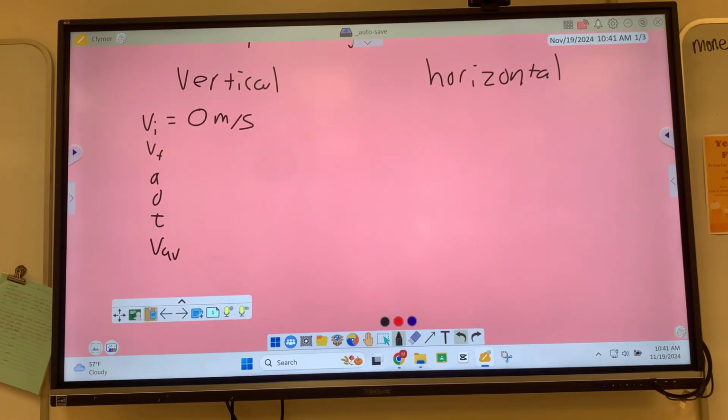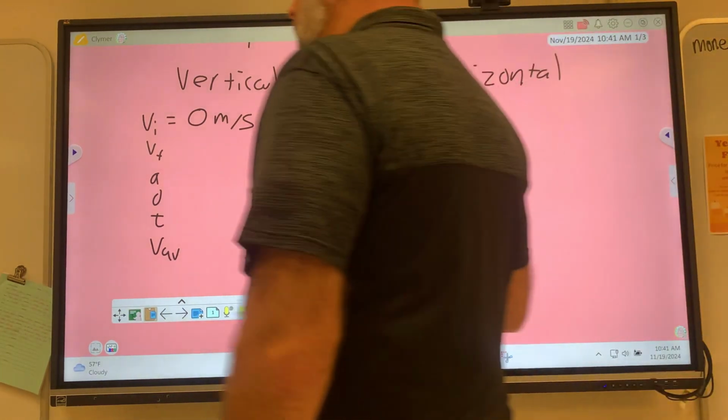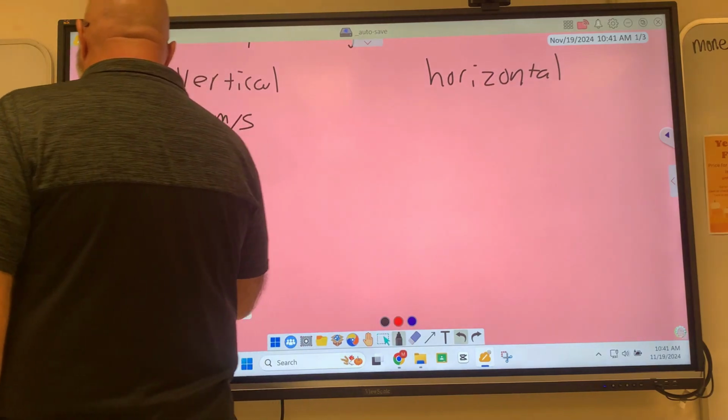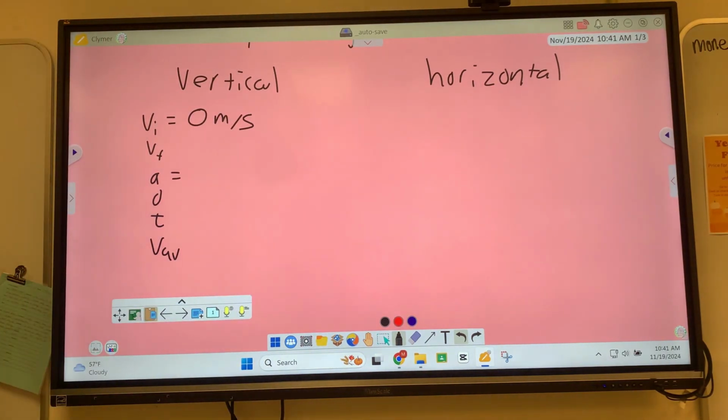Do we know the final velocity at the bottom for this poor guy? Okay, what about acceleration? Do we know that one? I heard a no and I heard a number. Do we know the acceleration in the vertical direction? What's that? Gravity. In all of these projectile motion questions, we're going to have gravity.